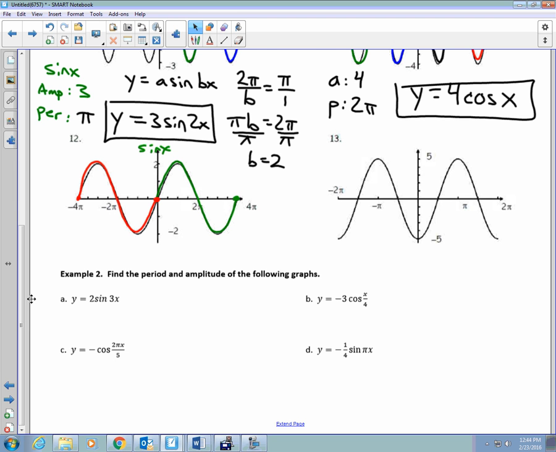Very good. What is the amplitude? 2, and the period, as you said, it takes 4 pi for it to complete itself. So how many cycles is that in 2 pi? A half of a cycle each 2 pi, right? So this will be y equals 2 sine of 1/2 x.